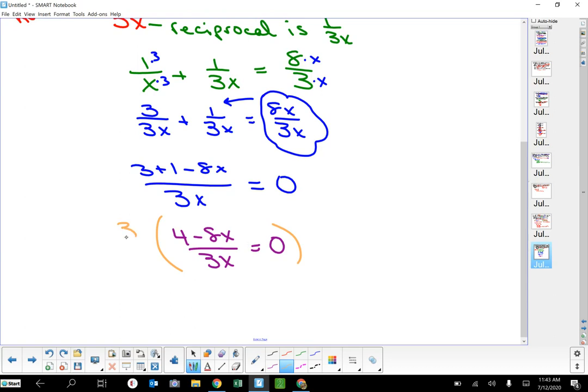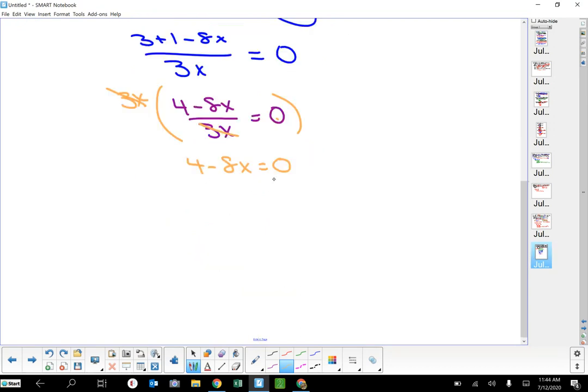Multiply by the denominator. So this cancels this, and 3x times 0 is still 0. So I have 4 minus 8x equals 0. Bring the 4 over. Well, let's bring the 8x over since it's negative. So 4 equals 8x. Don't say x is 2 either. Divide by 8, divide by 8, x equals 1/2.